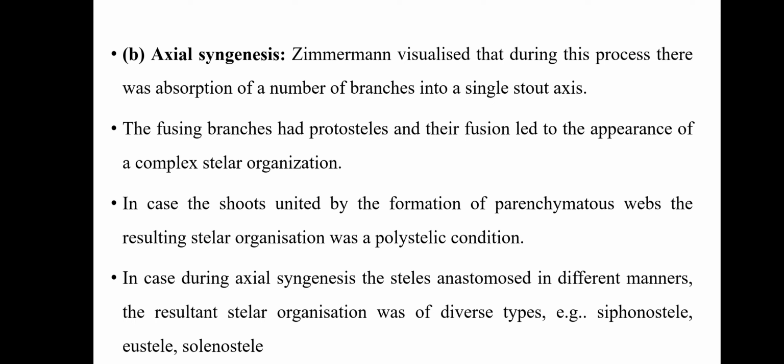Previously, these branches had protostele, that is the simplest type of stele. Stele means they have xylem surrounded by phloem. So this is the simplest type of stelar organization, which is known as protostele. But after syngenesis, a complex stelar organization was observed.